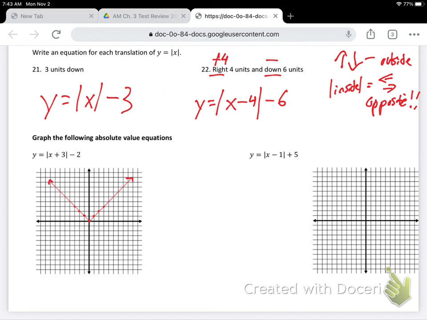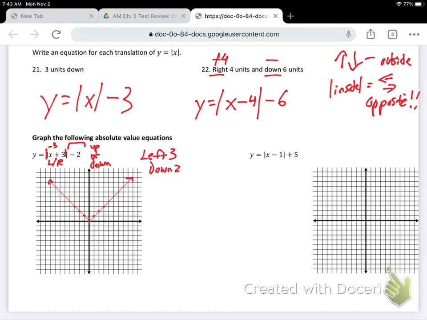So from there, remember if it's here on the outside, that's going to tell me if I'm going up or down. And then the opposite of what's in here, which would be -3, can tell me if I'm going left or right. So what it's telling me to do is go left 3, and then down 2, because it's -2.